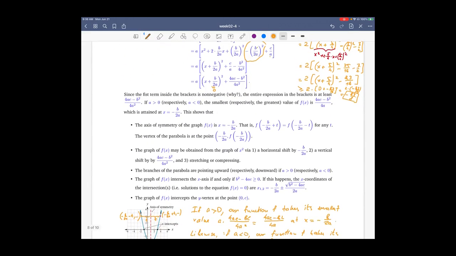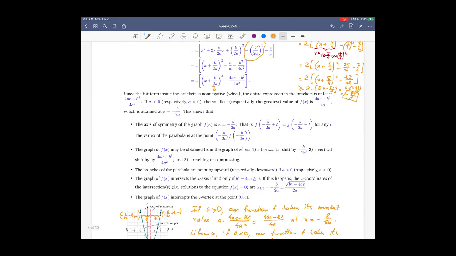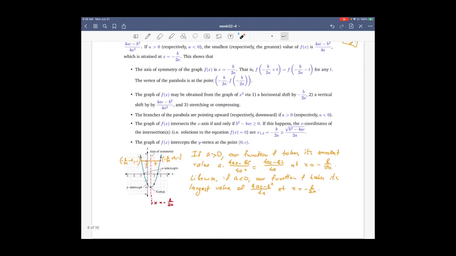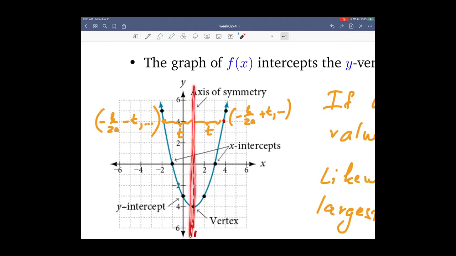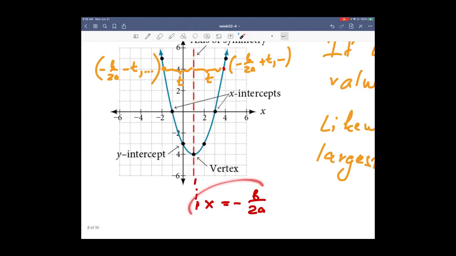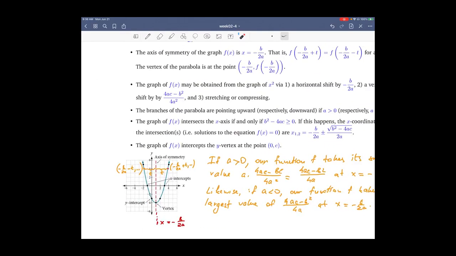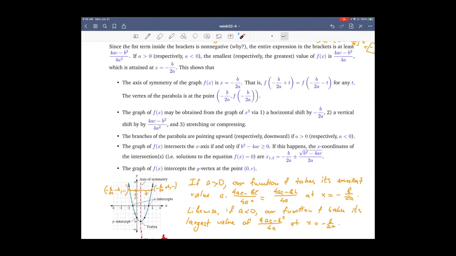So indeed, the vertical line x equals negative b over 2a is an axis of symmetry. The parabola is symmetric with respect to the vertical line x equals negative b over 2a. Now the branches of the parabola point upward when a is greater than 0 and point downward when a is less than 0.